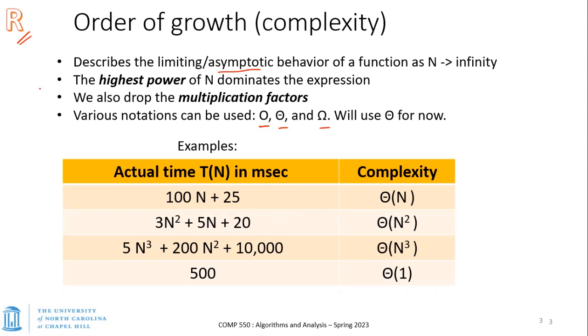The usual technique for analyzing these algorithms is that we drop the lower powers of n. If you've got a polynomial function, we simply look at just the highest power, and we drop the lower powers of n. We also drop the multiplication factors. These were some of the examples that we looked at in the past.